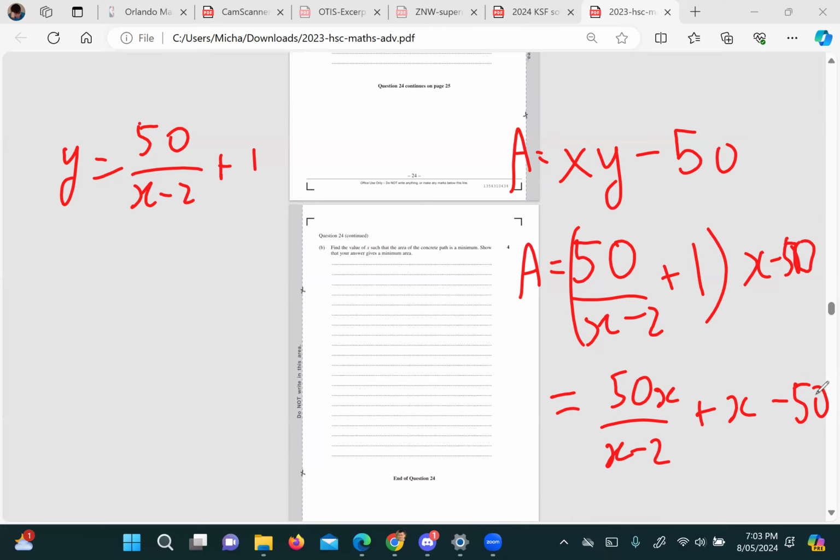Quotient rule. Okay, so we take dA/dx. How would you do this? I got 50 outside of x minus 2, and then minus 50x.